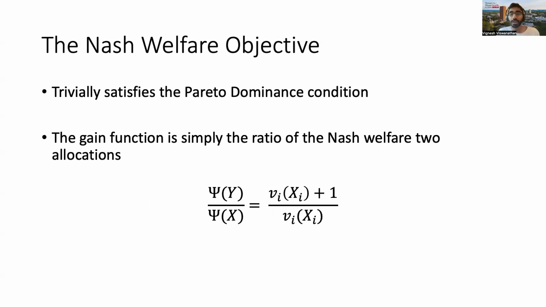This is clearly a decreasing function over v_i of x_i. So this Nash welfare objective satisfies the two conditions we presented before and can be computed by general Yankee swap.